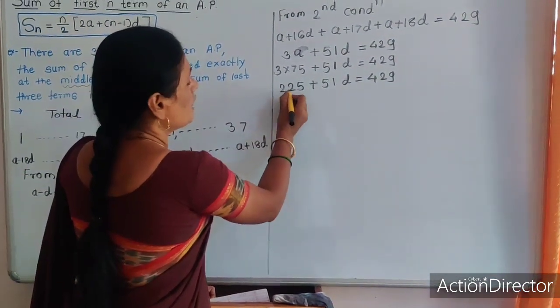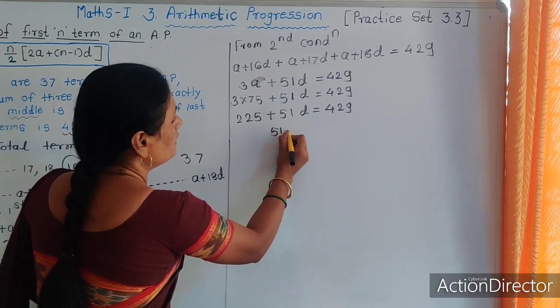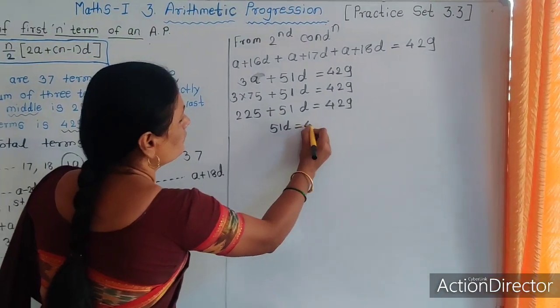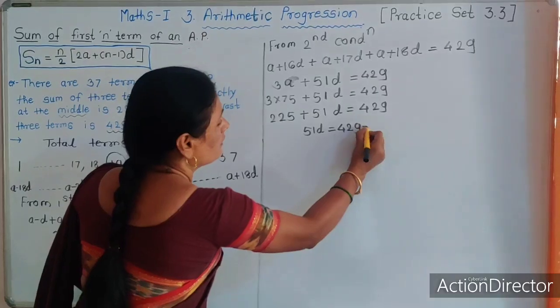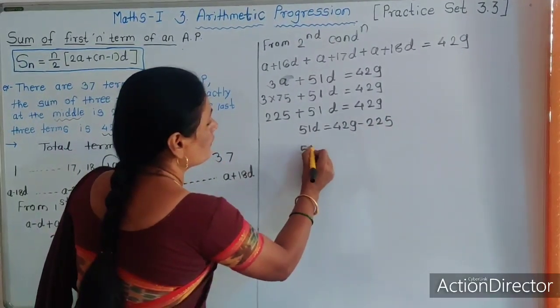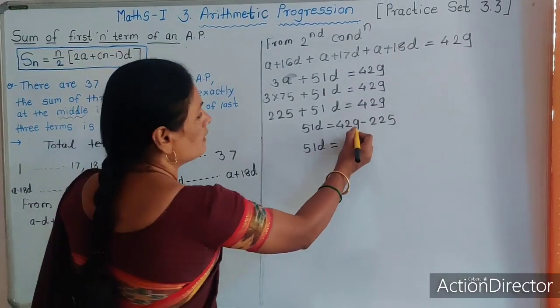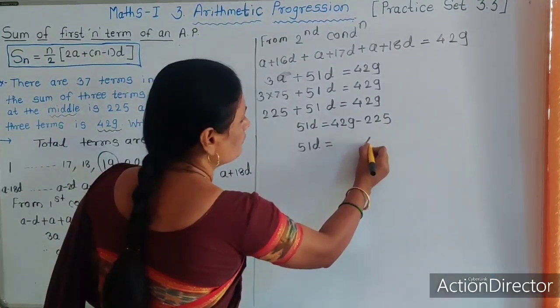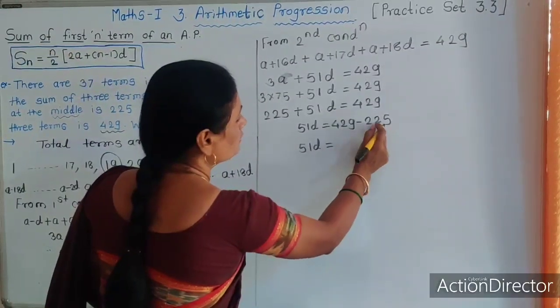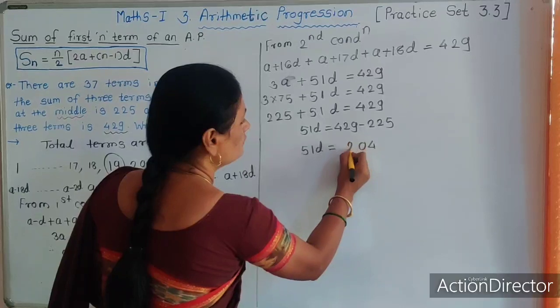Now 225 goes to the other side as minus: 51D is equal to 429 minus 225, which is 204.